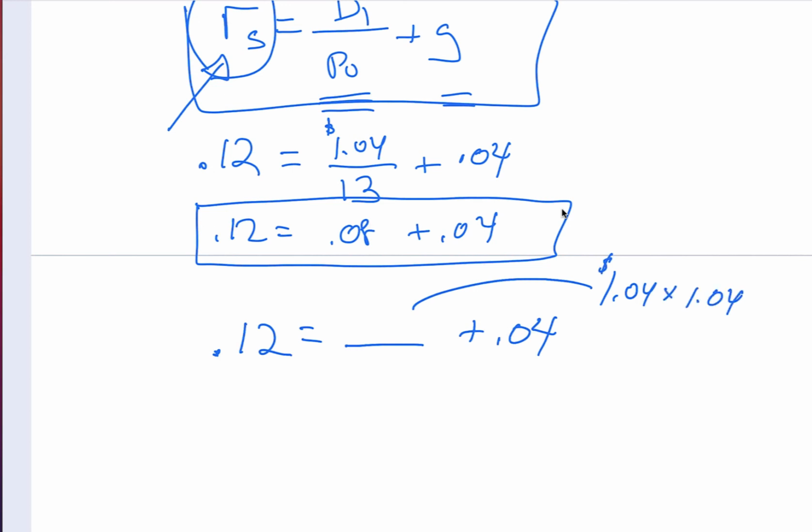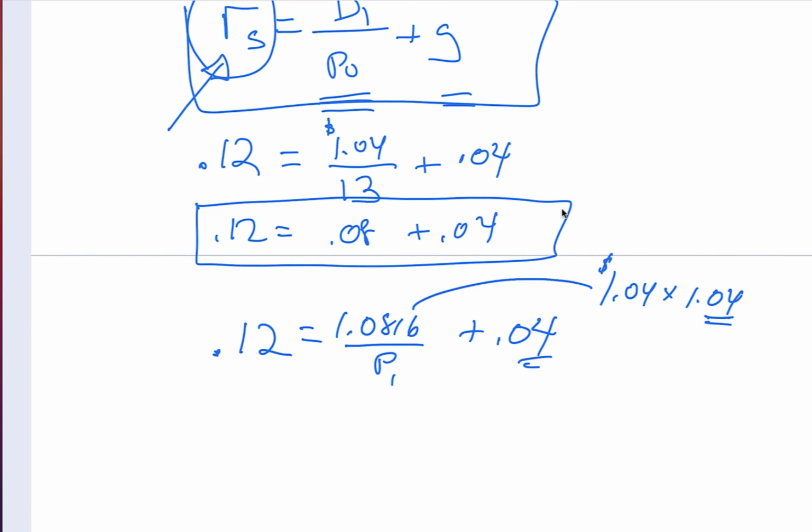Remember, the growth rate was 4%, right? Right here, that's the growth rate. This will be $1.08 and change. And so we have P1 here, the stock price 1 period from now.